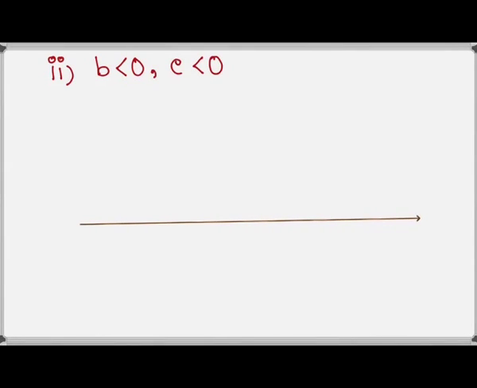Our next subcase is b is strictly less than 0 and c is strictly less than 0. So this is the x-axis and this is our y-axis, and we draw the parabola.